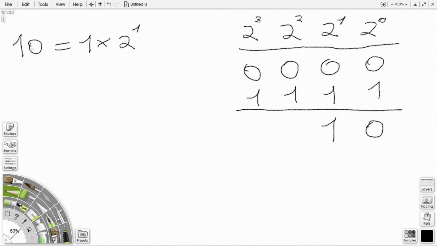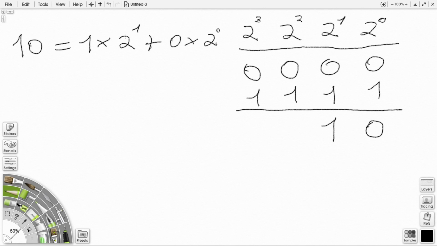And what is the amount of 2's to the power of 0 that we have here? Well, we have no 2's to the power of 0 at all. Sorry, this is supposed to be plus. So 0 times 2 to the power of 0.